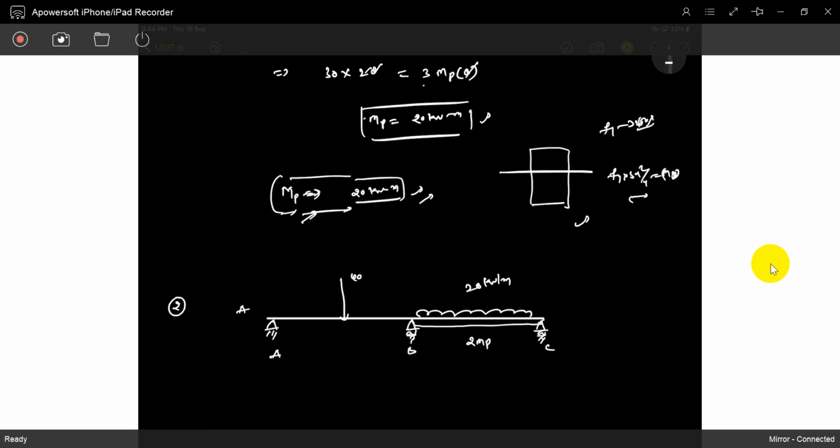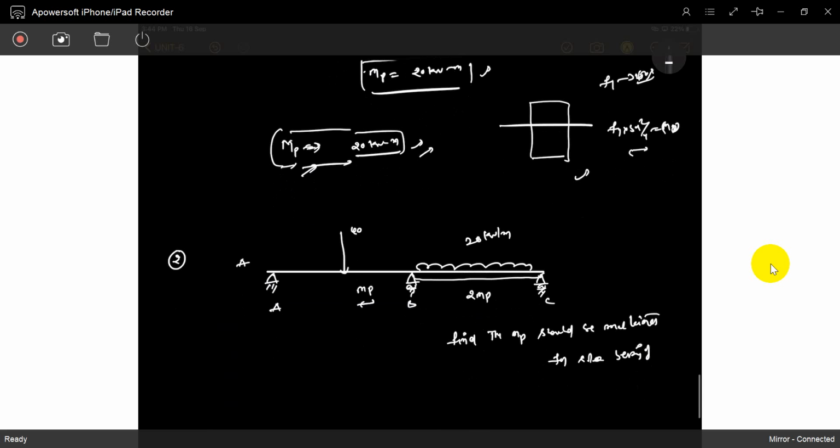It's 2 MP here, and MP there. Find out the MP. Find the MP that should be maintained for the safety of the continuous beam. That is the meaning.